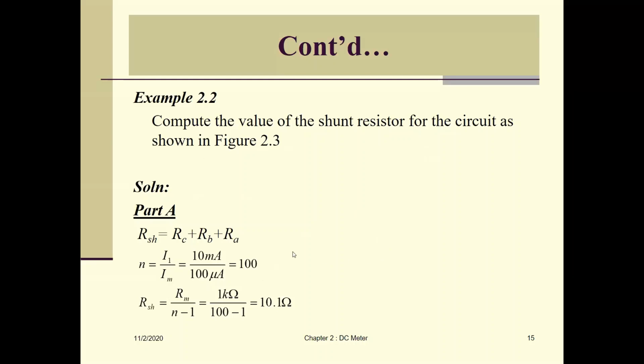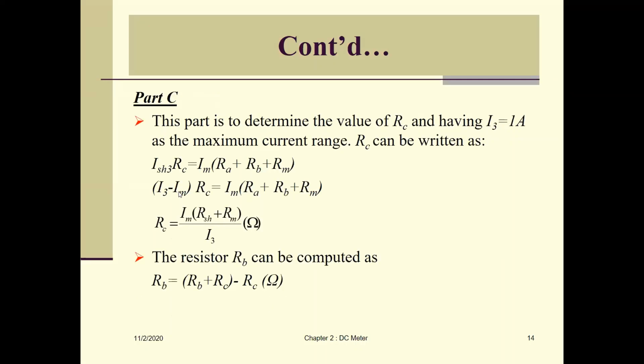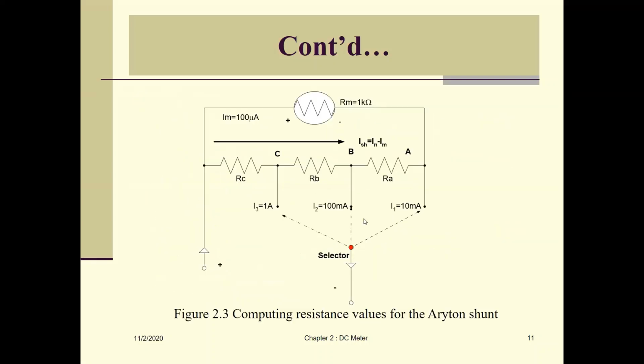All right, so part 1. Part 1 you have to calculate the, for example, we connect to this part, the 10 milliampere. That means R shunt will be RA plus RB plus RC in parallel with RM.